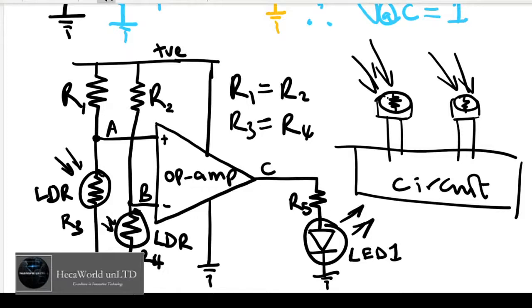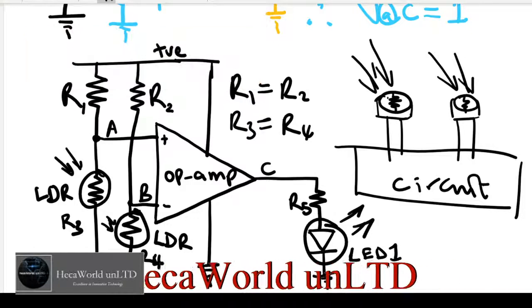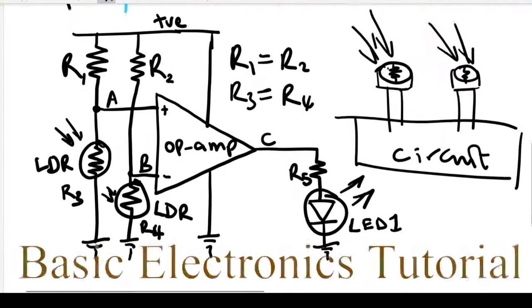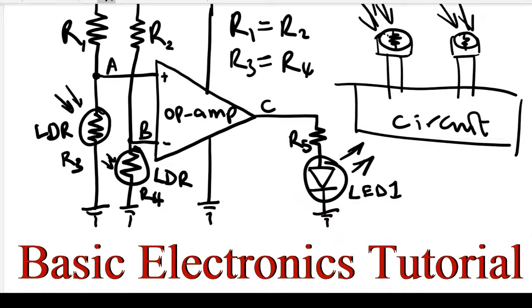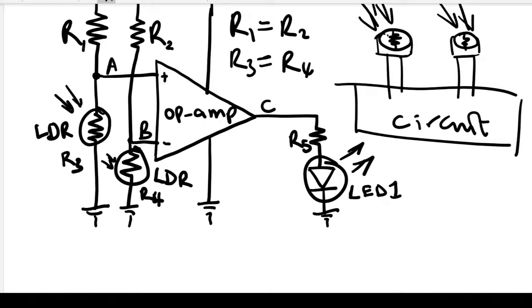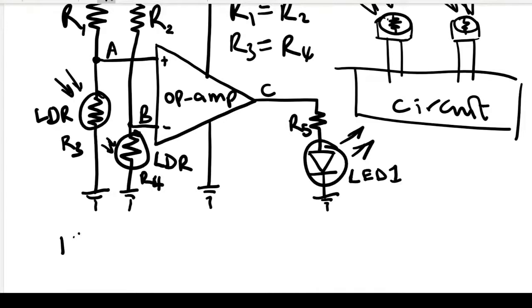But when R1 and R3 are not the same, and the values of R2 and R4 are not the same, the output will depend on which one is higher. Example, let's say R1 is 2 times R3.